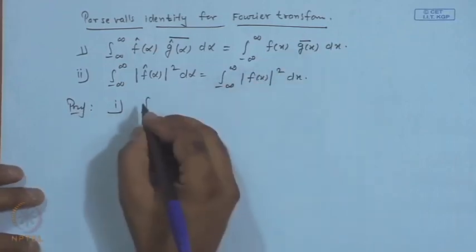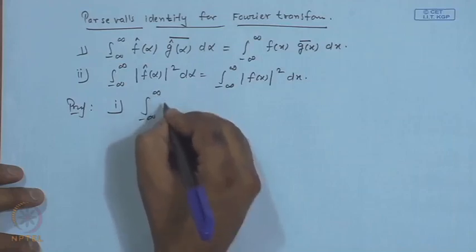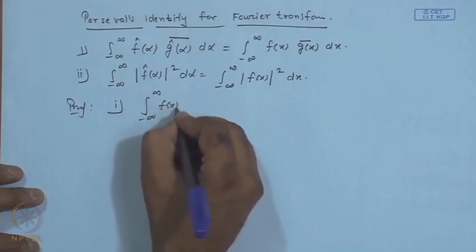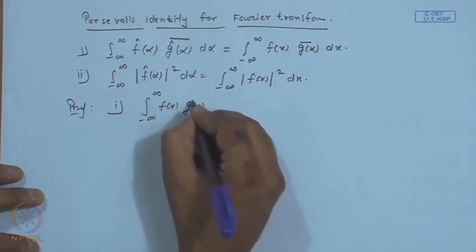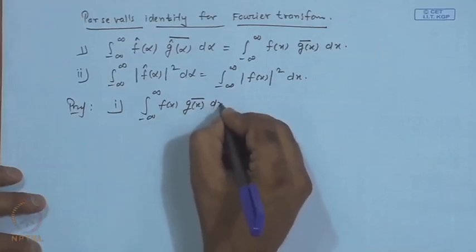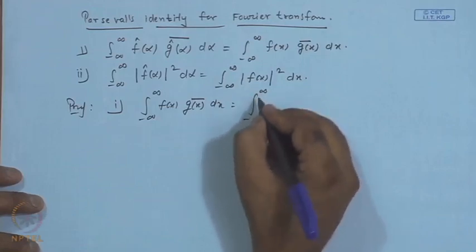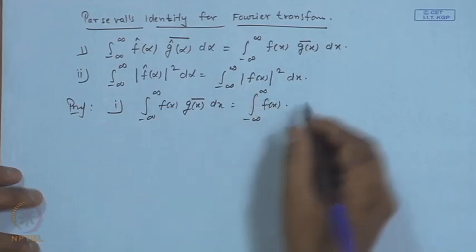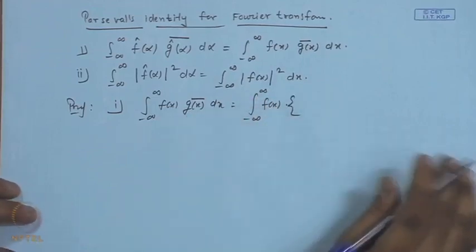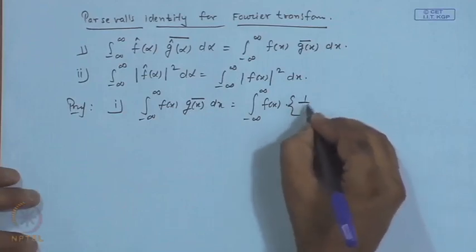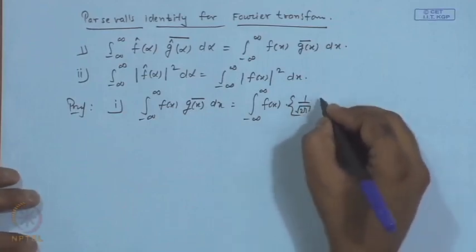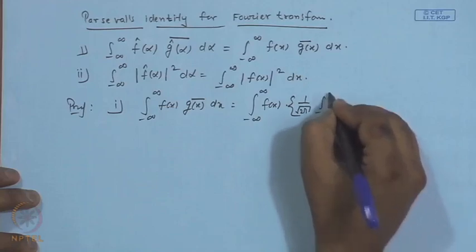So we start with this, so minus infinity to plus infinity, f(x) g(x) complex conjugate dx, and minus infinity to plus infinity, and we have this f(x), and then this by inverse transform, we have 1 over square root 2 pi and minus infinity to plus infinity.